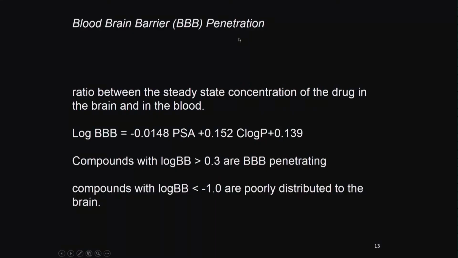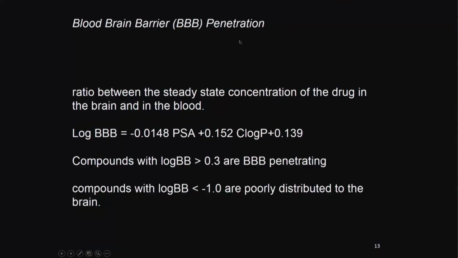So there are rules by which we can think of designing molecules which can be BBB penetrating or not. For example, the ratio between the steady state concentration of the drug in the brain and in the blood, that is log BBB, is given by this relationship. PSA is the polar surface area, log P is the hydrophilic balance. If you calculate this log BBB using this equation, if it is greater than 0.3, then we can say they are penetrating.